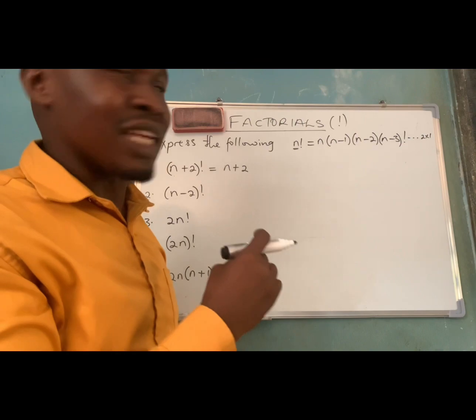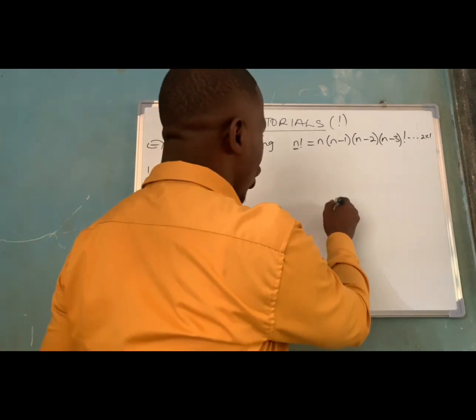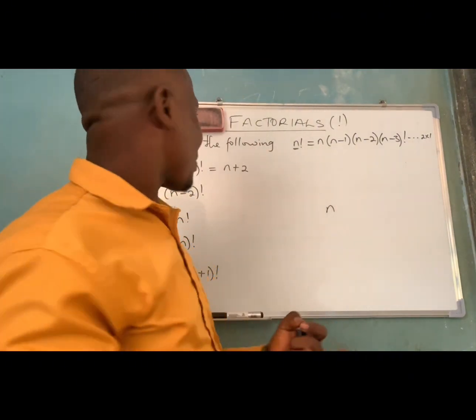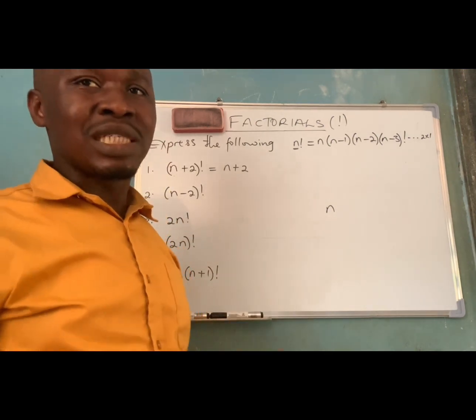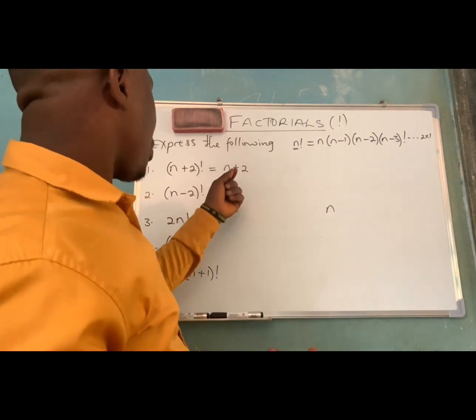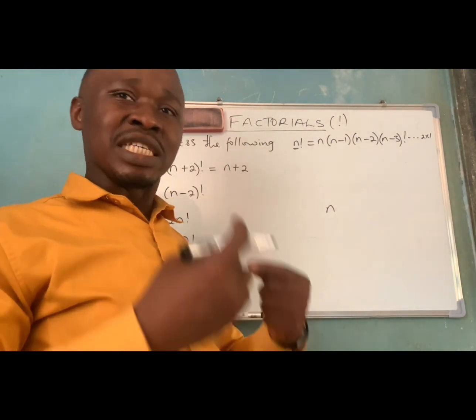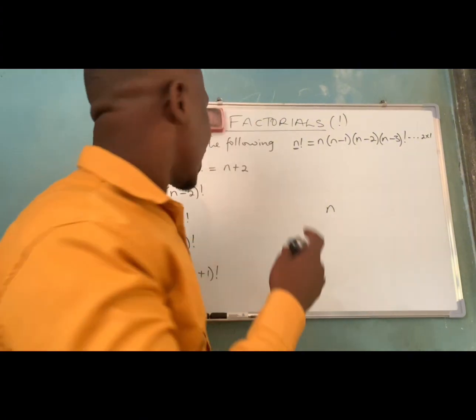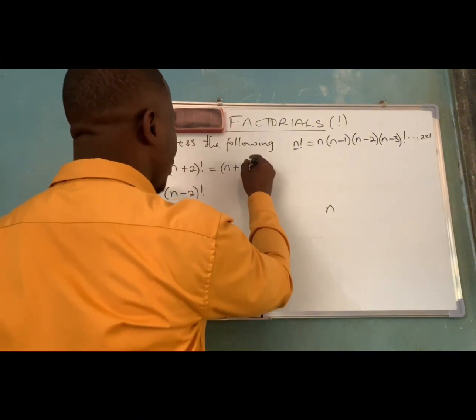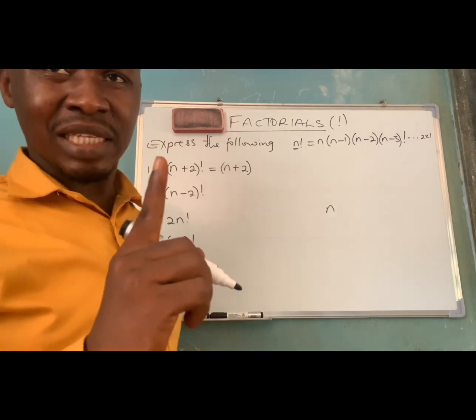The difference here is that n alone is a single term, but n plus 2 is an expression, and we're supposed to regard it as a single term, a unit. So therefore, it is supposed to be in a bracket.